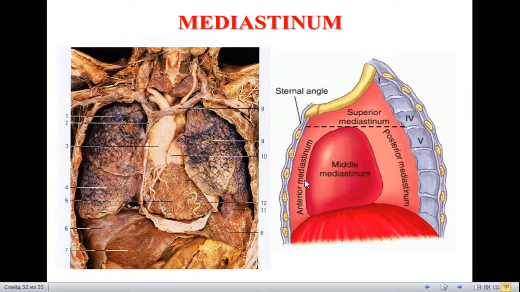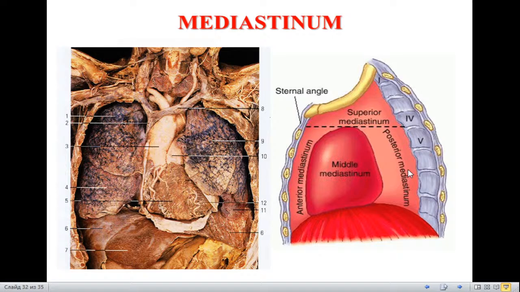Then the middle mediastinum is between the anterior and posterior surface of the pericardium, and the posterior mediastinum is between the posterior surface of the pericardium and the anterior surface of the vertebral column. So superior mediastinum is just superior, and inferior mediastinum can be subdivided into the anterior, middle, and posterior mediastinum.